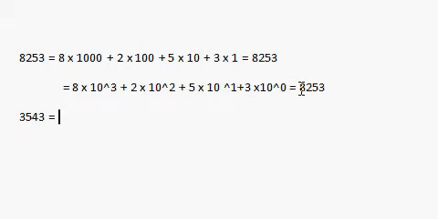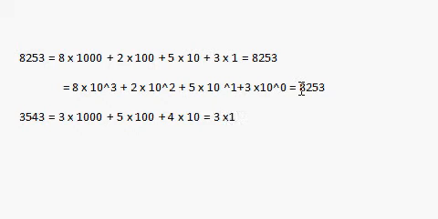For the first line, I'm looking at 3 multiplied by 1000 plus 5 multiplied by 100 plus 4 multiplied by 10 plus 3 multiplied by 1, and that should equal 3,543. Hopefully you got the same answer I did.